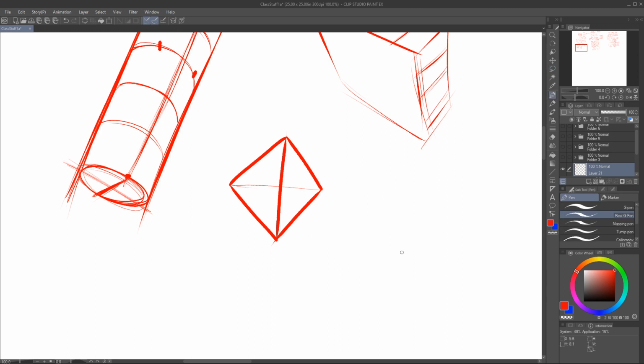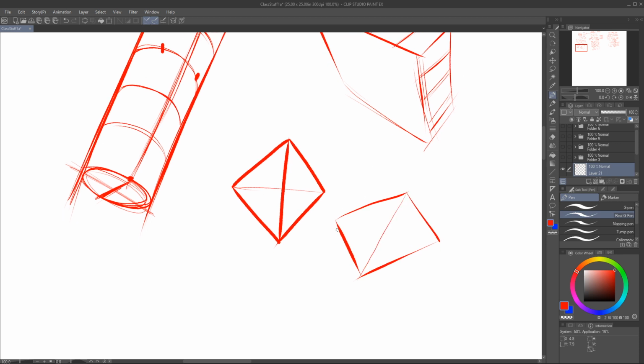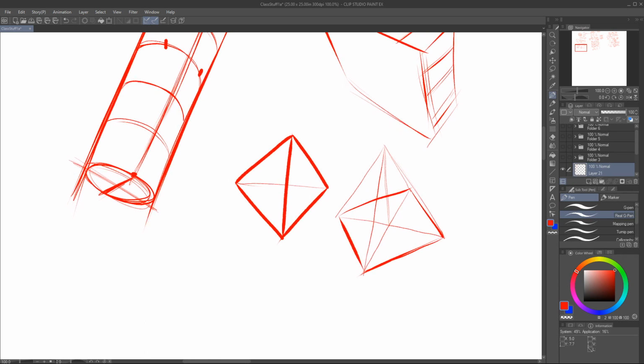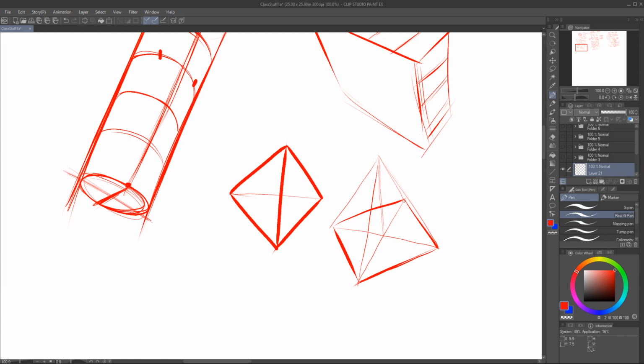Let's do a better one right here where there's not too much perspective on it. So what I've done here is I created a square, then I crisscrossed across it, found the center point, and drew up from the center point.